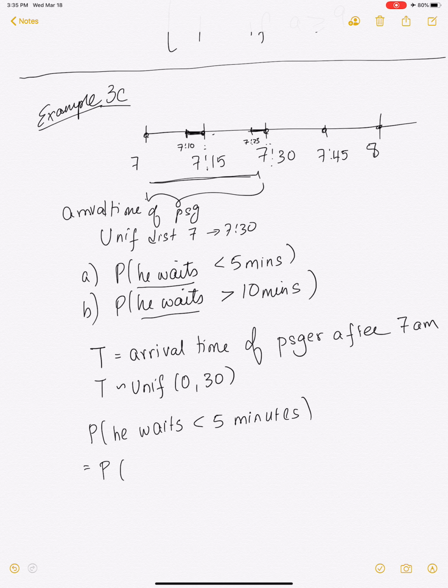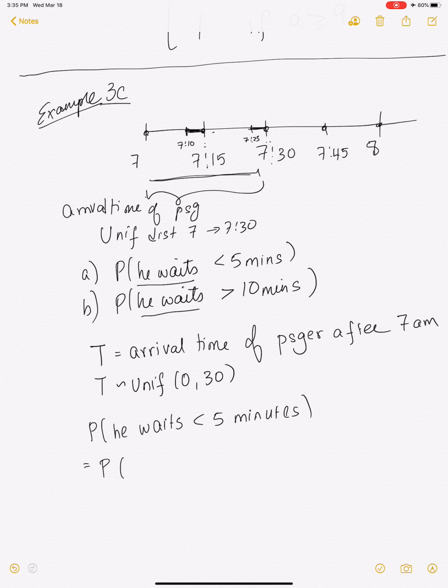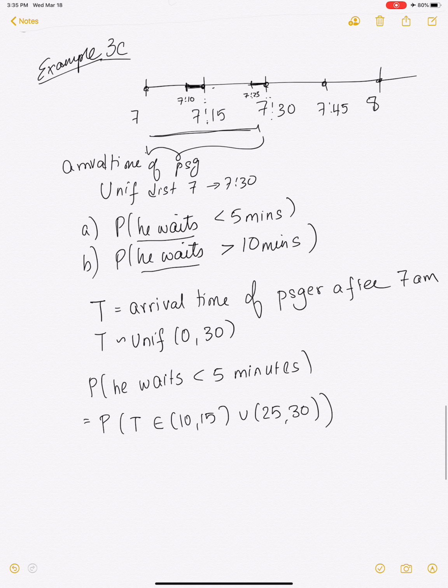Okay? So this probability is that T is in 10 to 15 union 25 to 30. Does that make sense? Okay. This is what will make him have to wait less than 5 minutes.